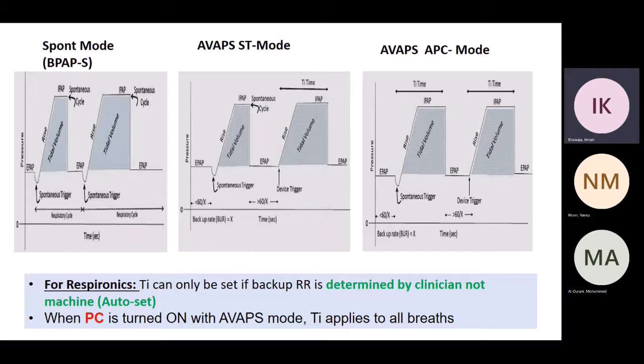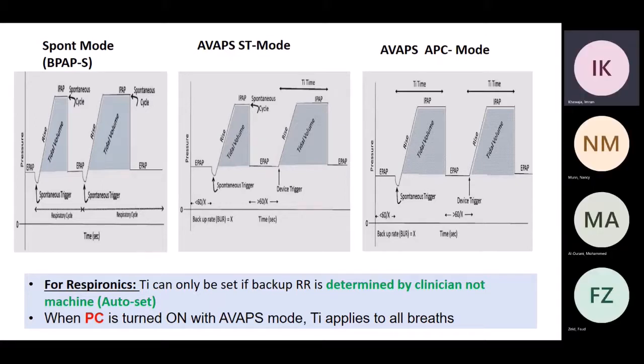And again, and I'll conclude with this, the TI time is the one that you can set to 1.5, the default, or higher or less if you want. This only applies if you choose the backup rate, because if you let the machine choose the backup rate, your TI time is not something that you can control. So if you chose the backup rate to be auto set by the machine, you don't have any control over the TI time.